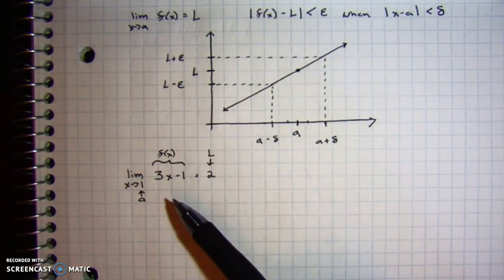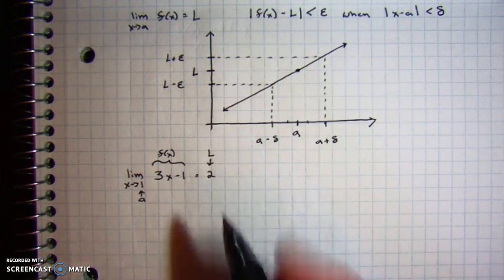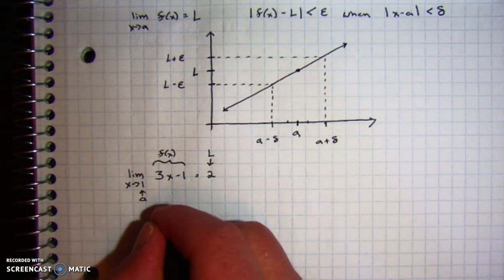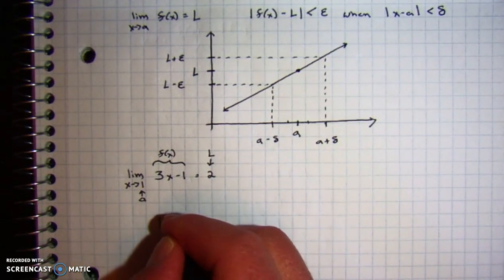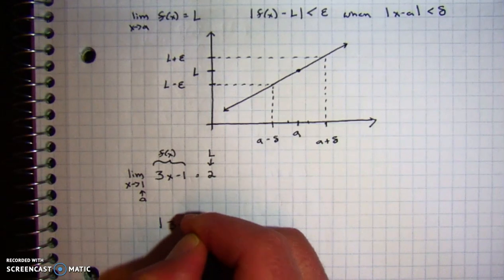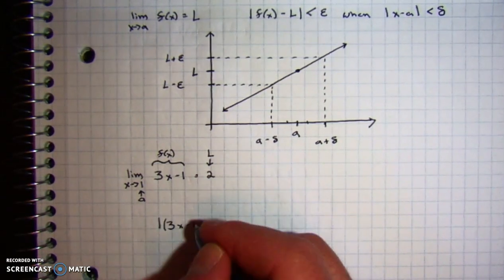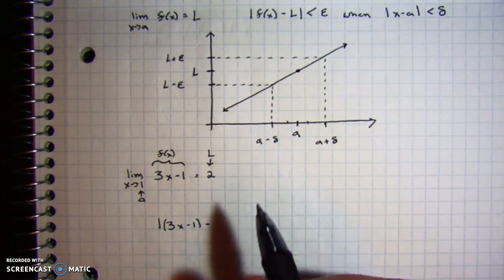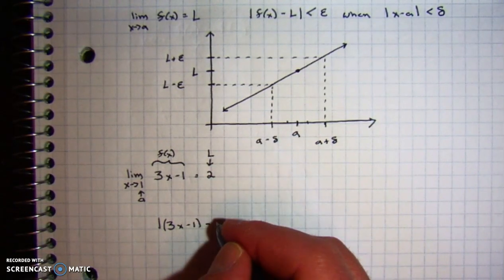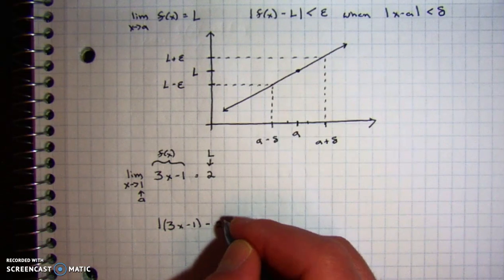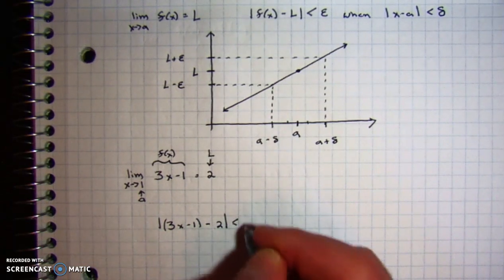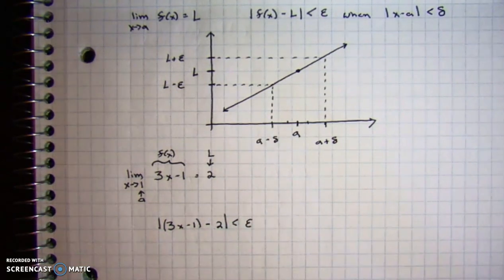All right. Well, we have f(x). We know what that is, so let's write this out. Say the absolute value of f(x), that's 3x - 1, minus L, which is 2, is going to be less than some value of epsilon.